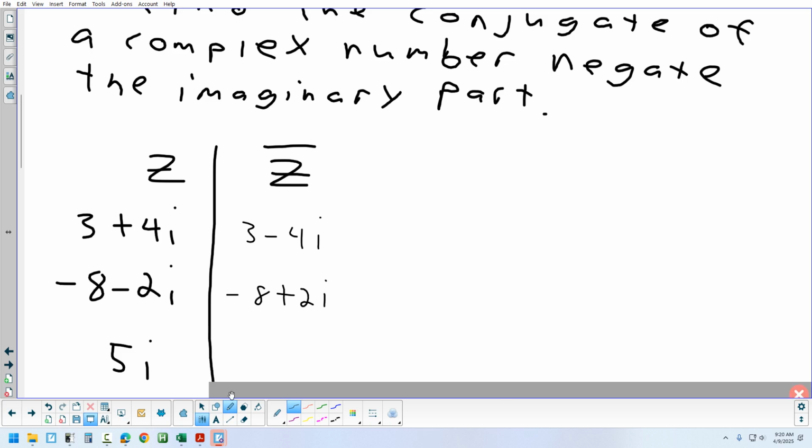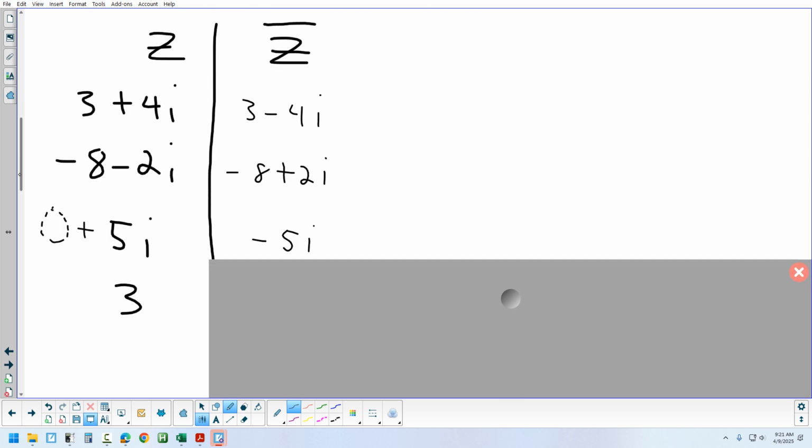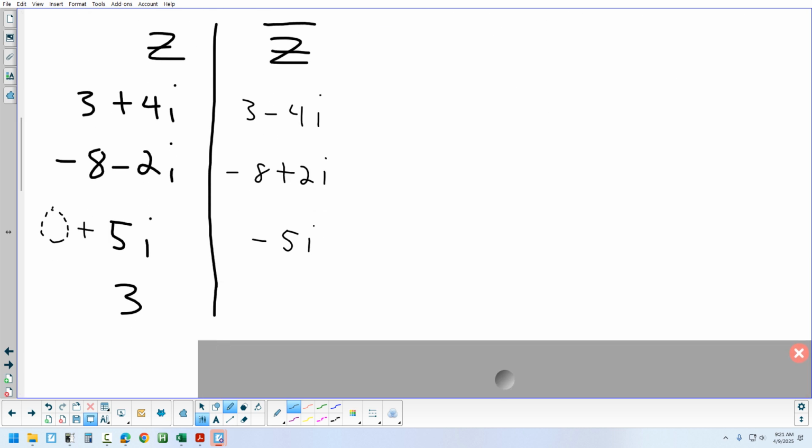How about the conjugate of 5i? Yeah. Negative 5i. Yep. If it's confusing because there's no real part, then think of it as 0 plus 5i. The conjugate is 0 minus 5i. It's negative 5i. And how about 3? What's the conjugate of 3?